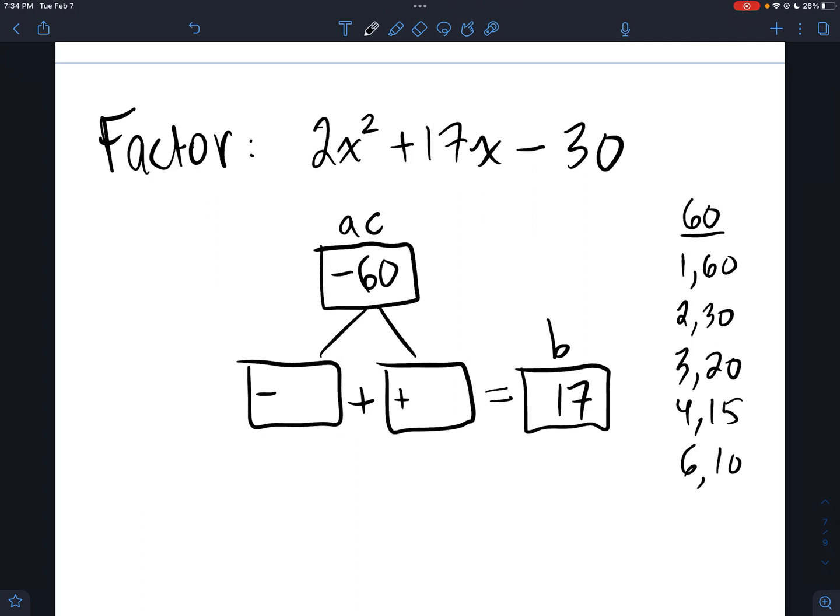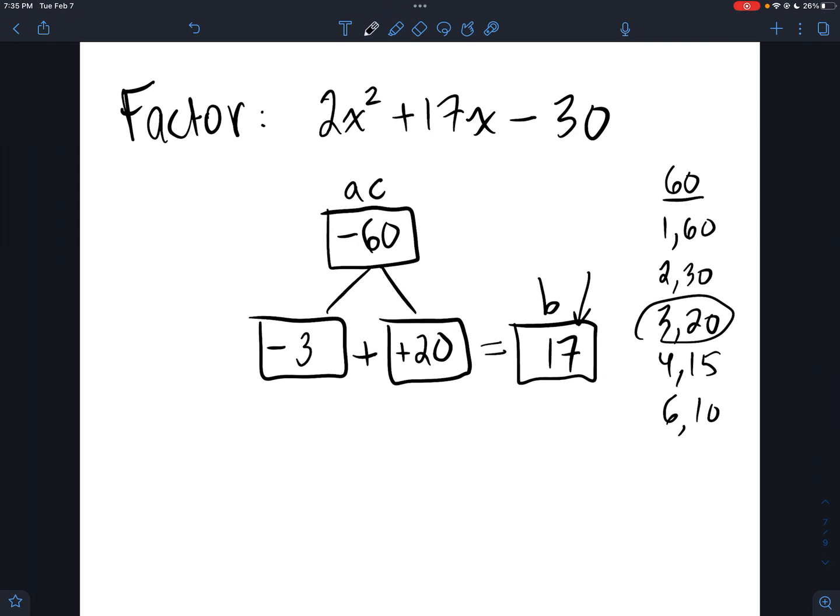So these are our choices. And we need to pick the ones that either, you could think add to 17, but we are going to have a plus and a minus action. So it's really a difference. So it's which ones are 17 apart. And that's going to be this pair right here. I don't want a big negative. I want 20 to be big, so it keeps a positive 17.